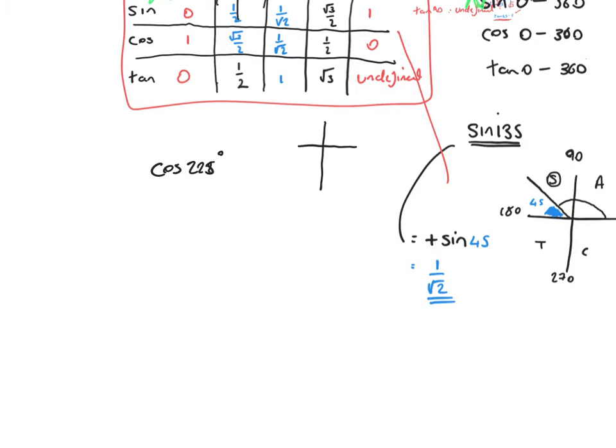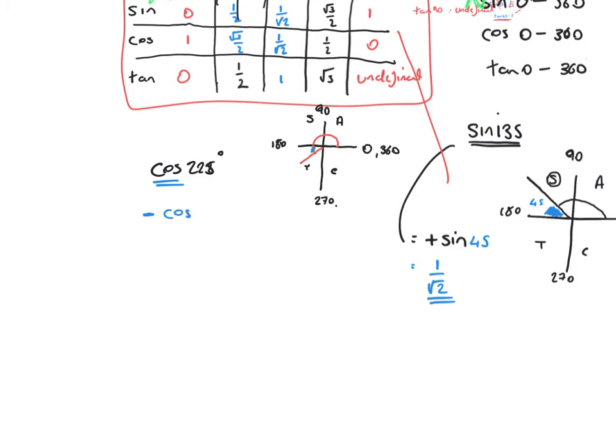Okay, let's get the cast diagram going. 0, 90, 180, 270, 360, and let's draw in 225 degrees. So there's 0, 90, 180, 225. We're in the tan quadrant. Okay, first thing that I would say is we're in the tan quadrant. Cos is negative in the tan quadrant, so it's going to be minus cos.